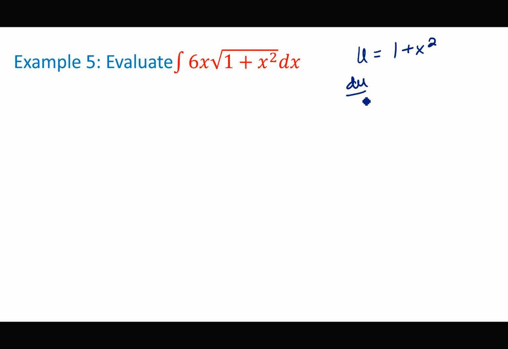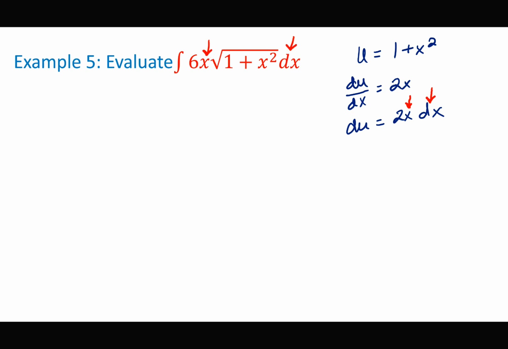So du dx, I know, is simply going to be 2x. So then du equals 2x dx. Well, this kind of helps me out because now I have an x being accounted for. I have dx being accounted for.